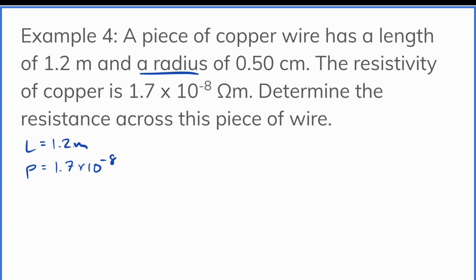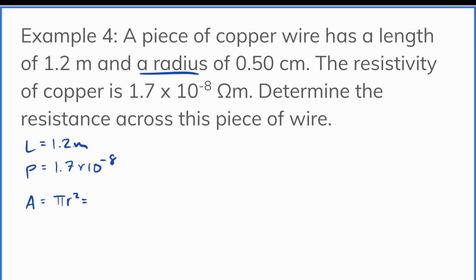Now, the radius is not part of the formula. We need the cross-sectional area. But the word radius gives us a clue. It means it's a circular wire, so that we could use the formula for the area of a circle. So the area is pi r squared. And I'm going to write the r in meters, and that way we get meters squared.